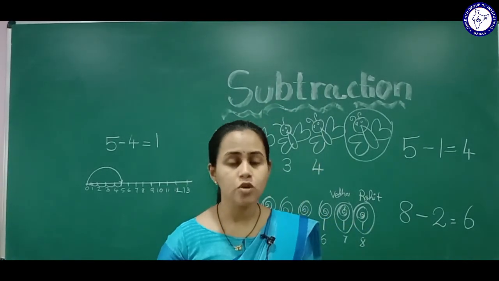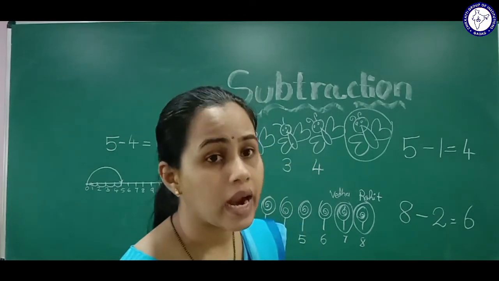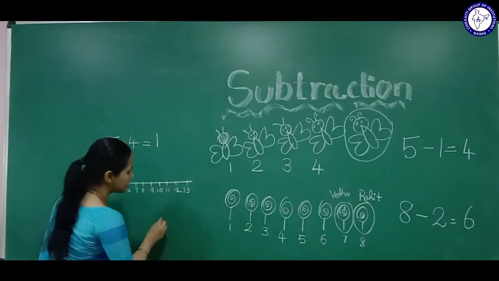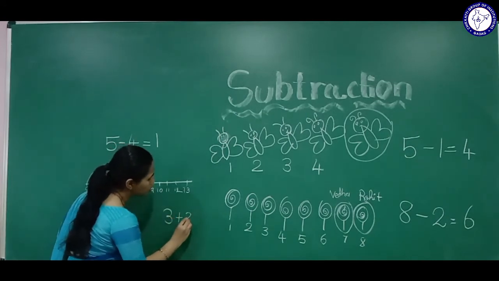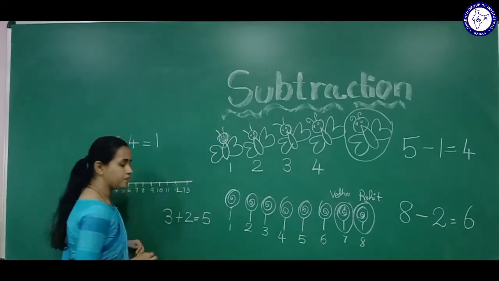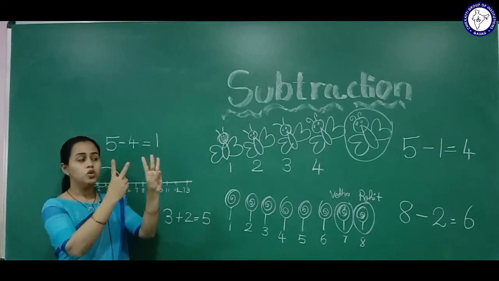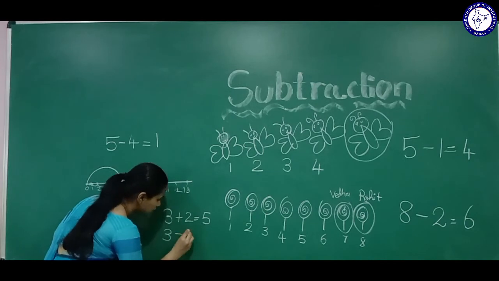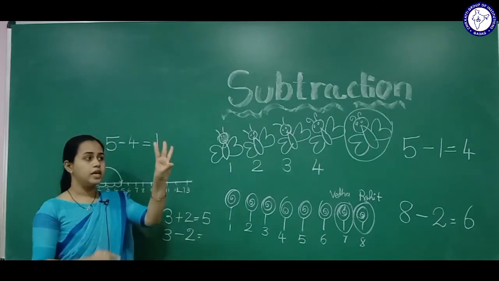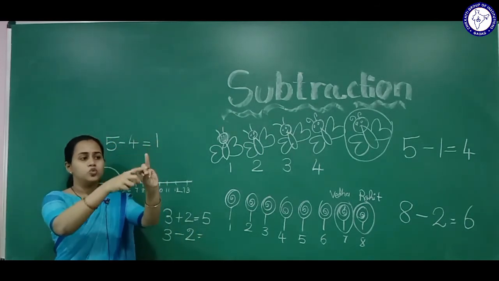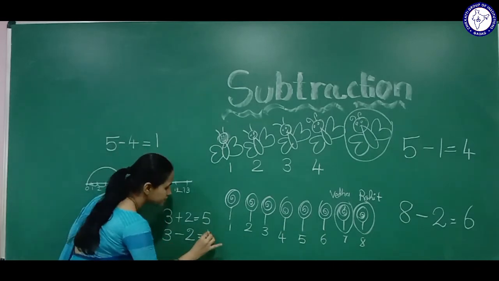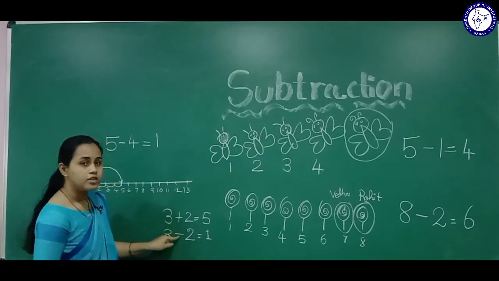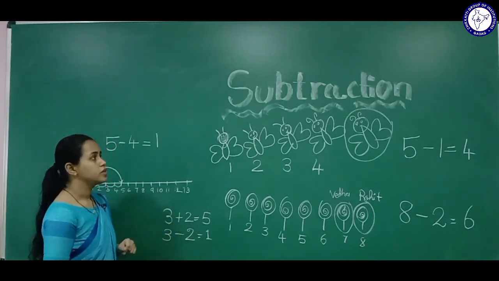So in addition, what will we do? We add. Right, in addition we will add like this. 3 plus 2 is 5. In subtraction, 3 minus 2. 3 minus 1, 2. We have 1. Right? So this is addition. Here it's subtraction. Right?